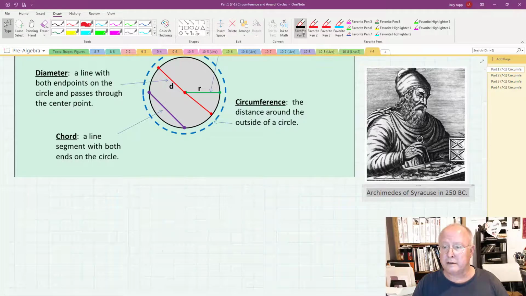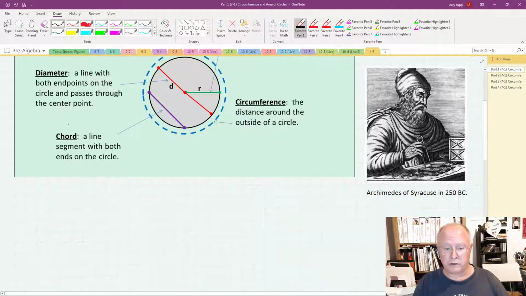And no, it was not cherry pie or anything else. What it was was this value. And there's a lot of other digits that we could go on.